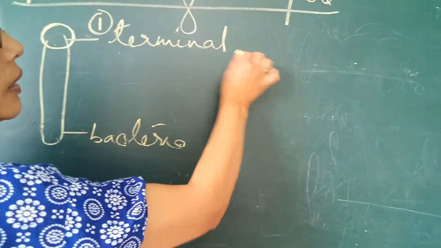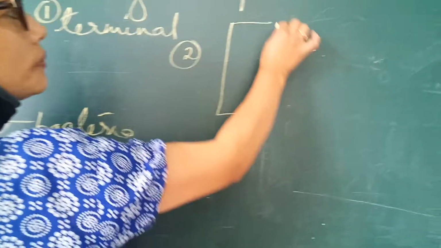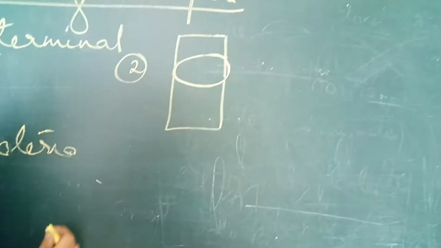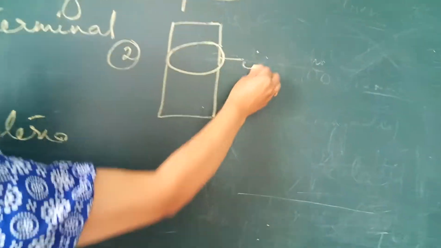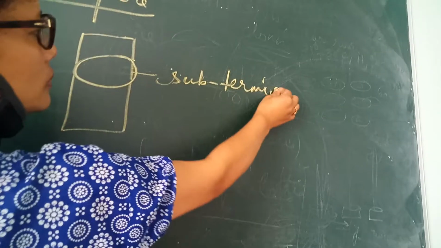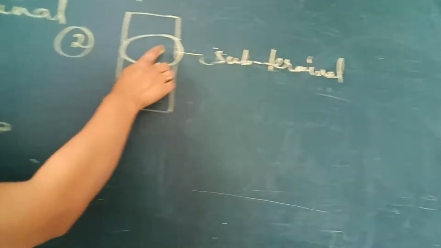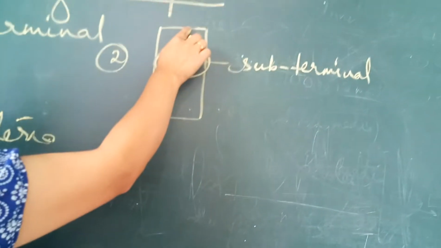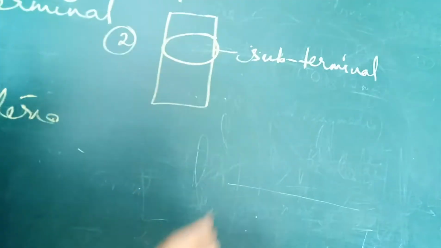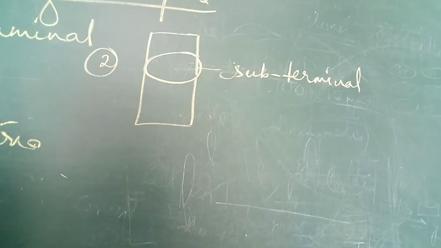Then, if this is a bacteria and an endospore is formed here, this is called a subterminal endospore. It is not formed at the tip, it is formed just a few millimeters below the tip, that is at the subterminal position.